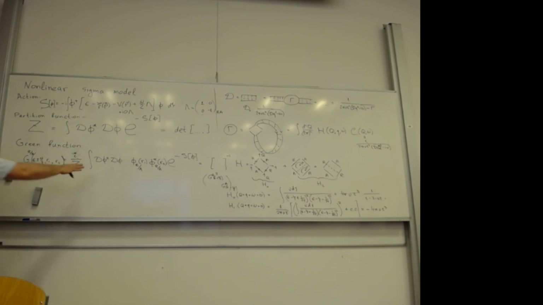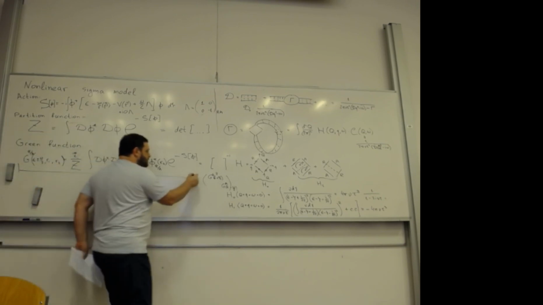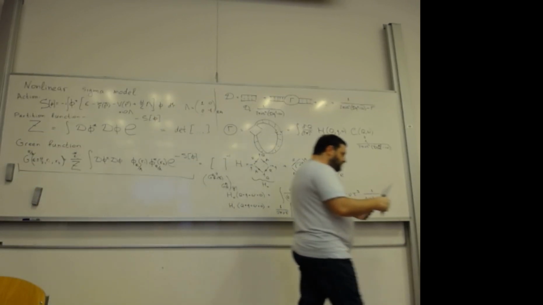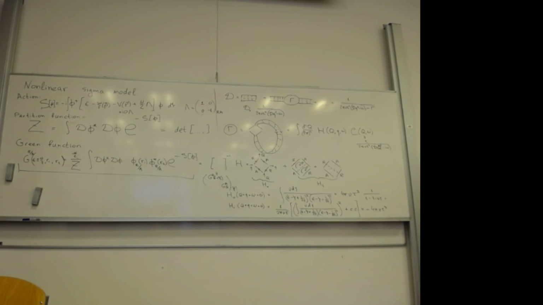So this is the completely correct formula for how the green function is expressed in terms of the integral. Once again, this is a field theory. This is an action, but for now we did not think of any physical meaning of this field phi.